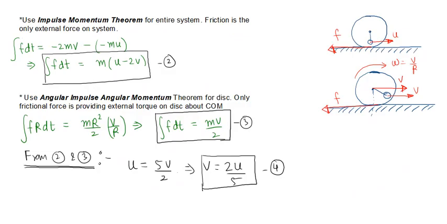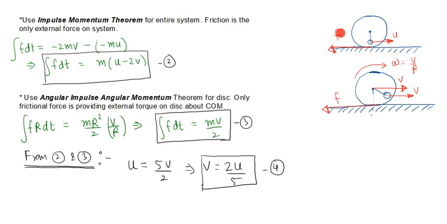Now let us see whether I can apply the impulse momentum theorem here. I am trying to use the impulse momentum theorem for the entire system, in the horizontal direction. The impulse momentum theorem says that the impulse of external force on the system is equal to the change in linear momentum of the system.